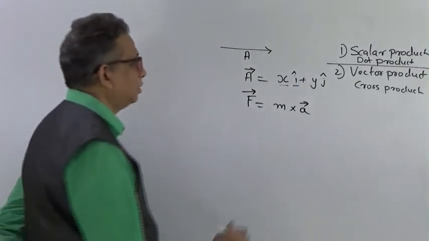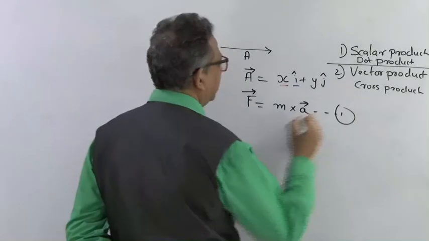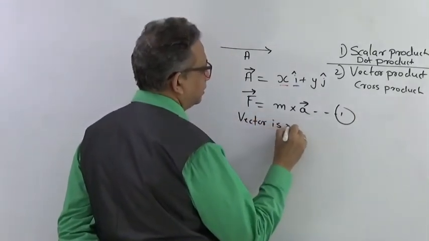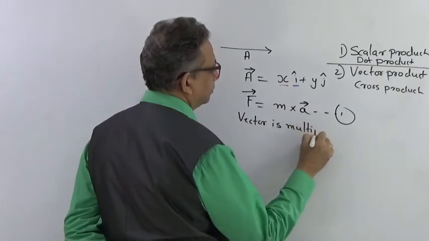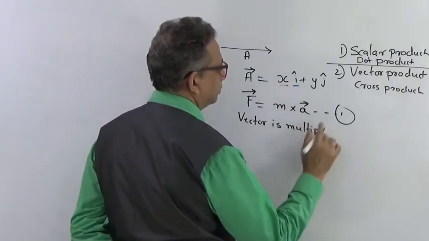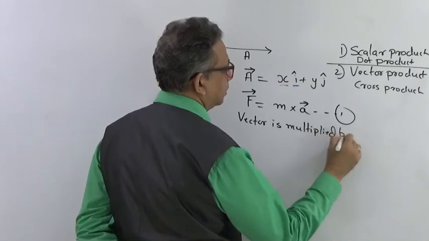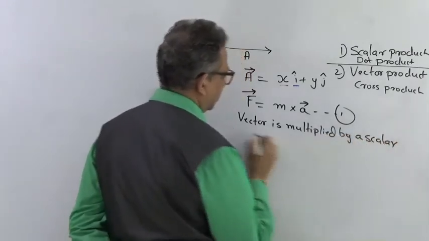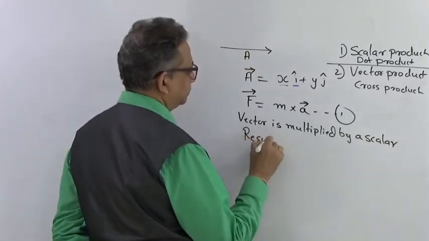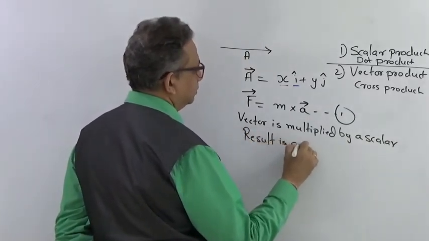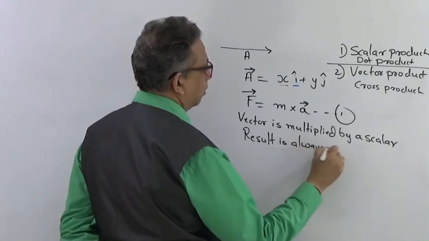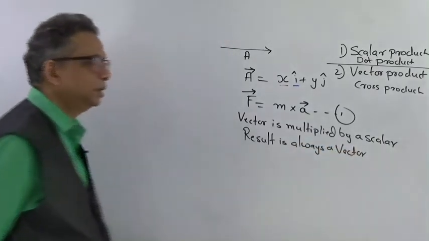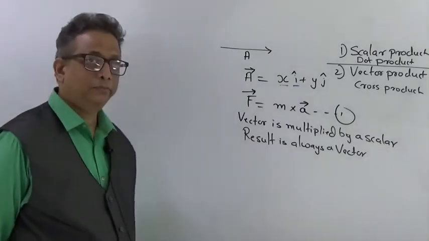This is the first law that you have to understand, that when a vector is multiplied by a scalar, the result is always a vector.